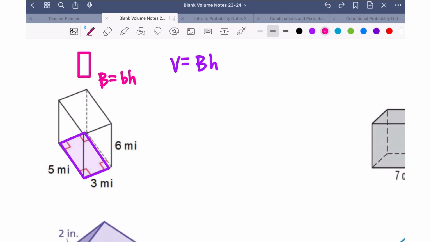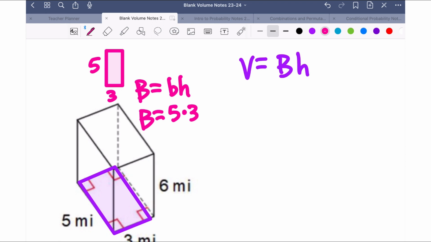All right, what are the measurements for the rectangle? This side is measured at 5. This side is measured at 3. So what is 5 times 3? 15. Let's plug it in here. Volume equals 15 times, what's the height of this prism?